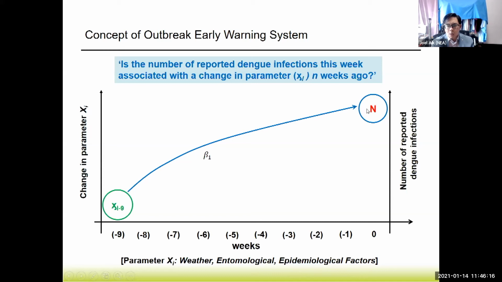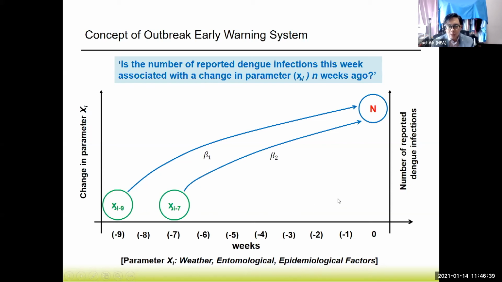So we can ask this question, and using statistical modeling, we can determine the relationship between changes in that parameter X weeks ago and how it relates to cases this week. Of course, we can do it for any number of weeks. We can do it 9 weeks ago, we compute one for 7 weeks ago, and so on and so forth.